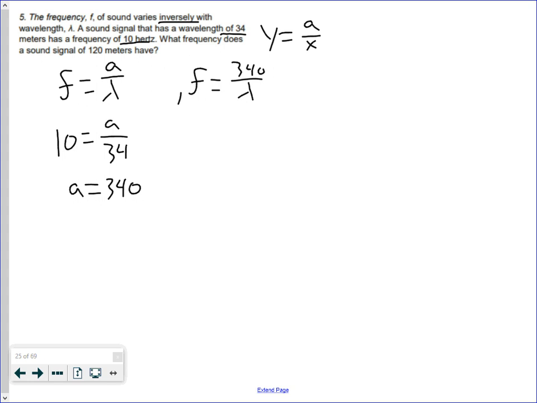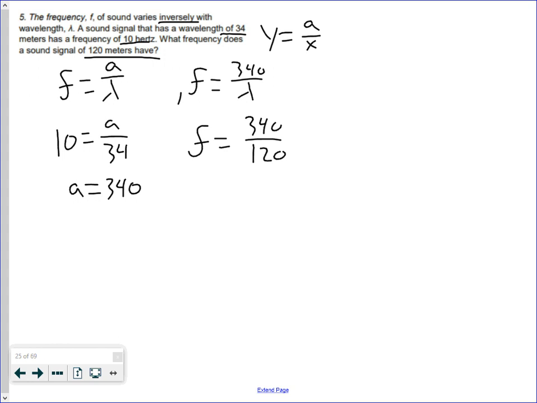What we're asked for in this problem isn't to solve for a, but to solve for our frequency when our wavelength is 120. So we're going to plug in 120 for our wavelength and figure out what our frequency is going to be. So f will equal 340 all over 120.